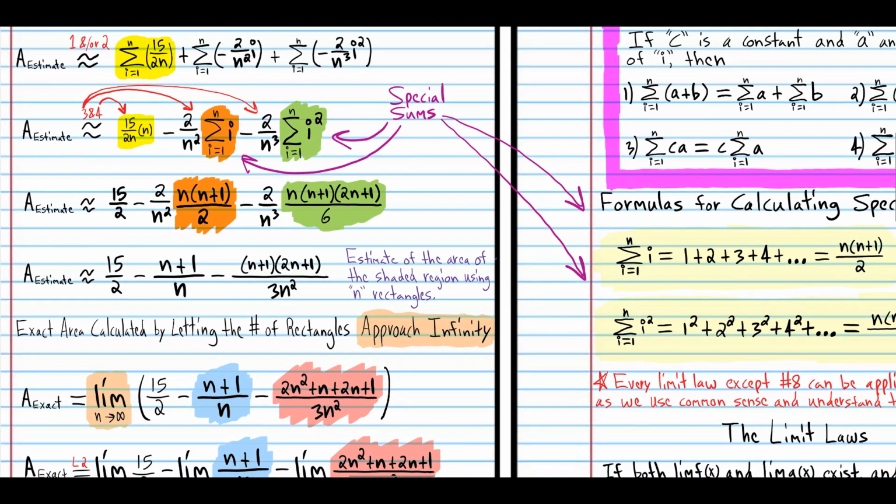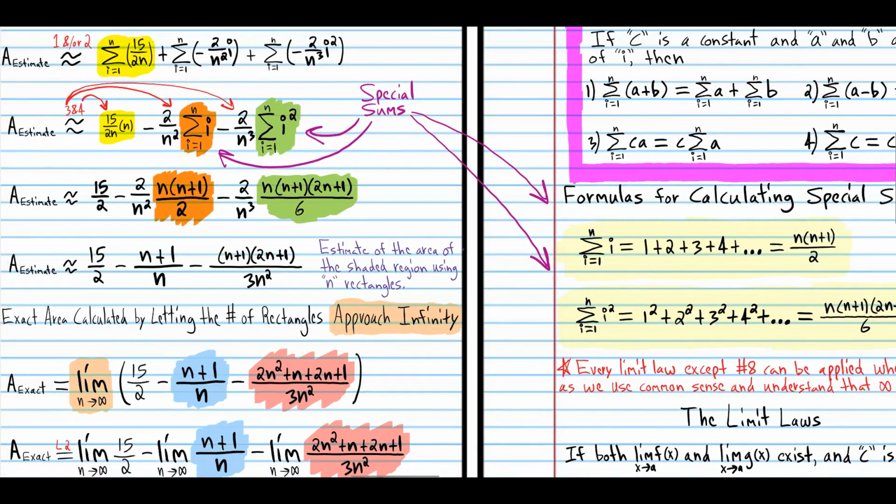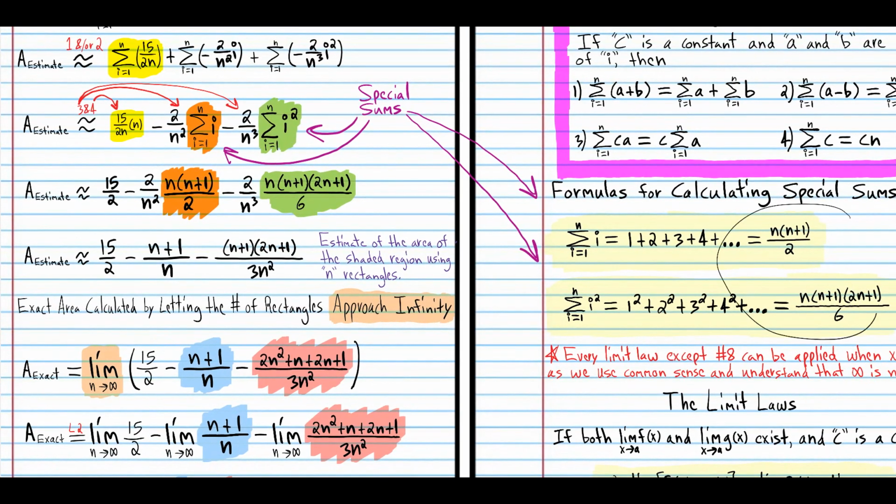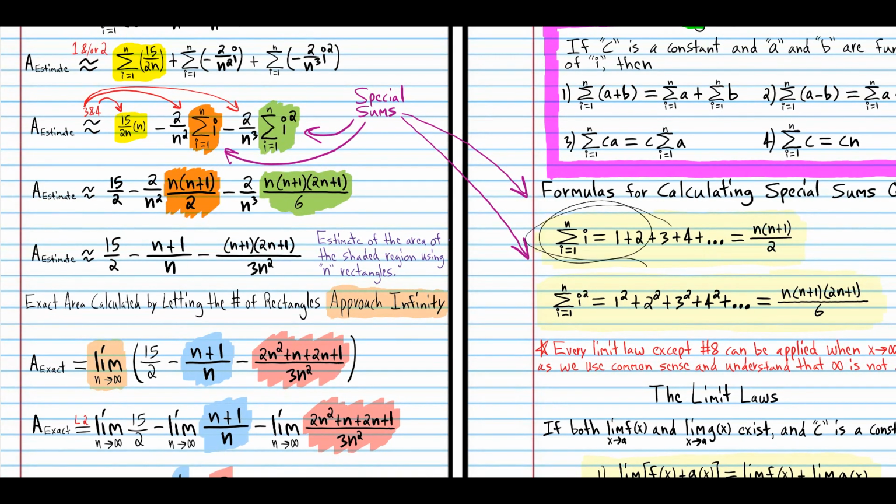Okay? So we have our special formulas. Remember these formulas that we learned? This is an arithmetic sequence. It's the most basic arithmetic sequence, and using our formula for the sum of an arithmetic sequence, we can come up with this expression.